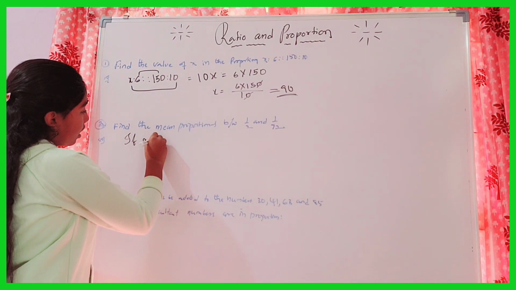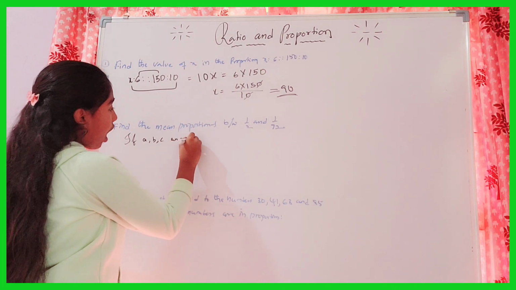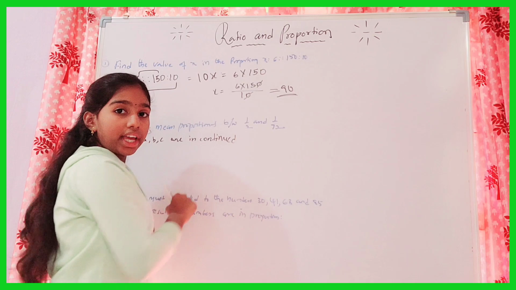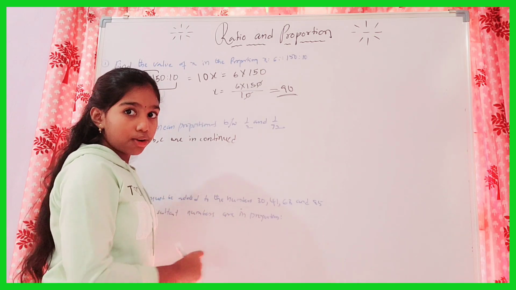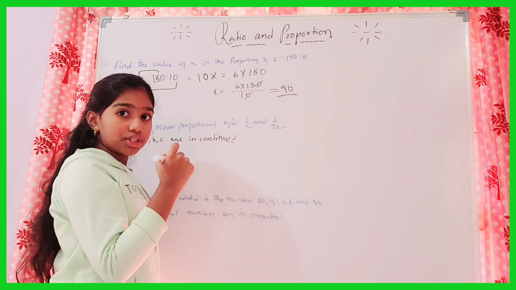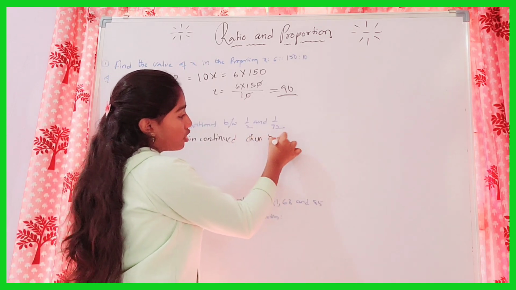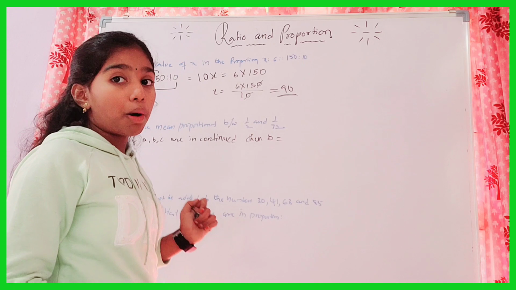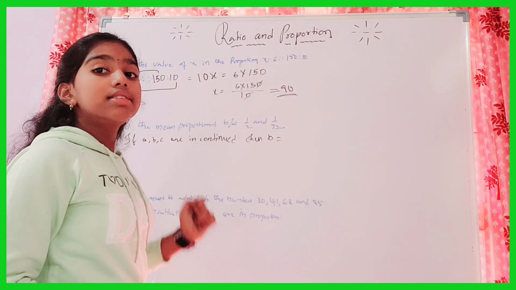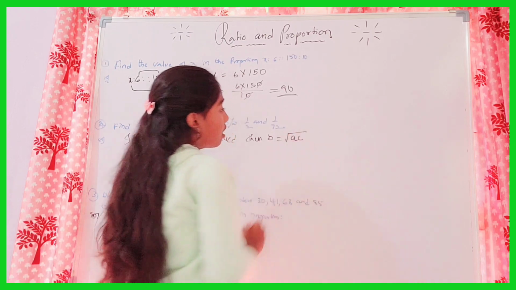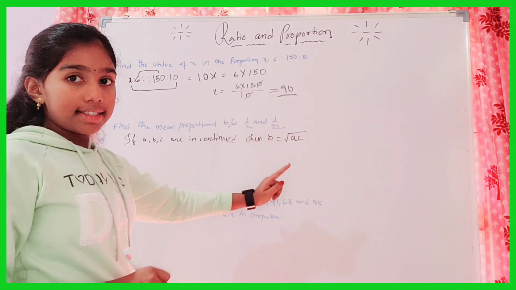If A, B, C are in continued proportion, then B is equal to the square root of AC.